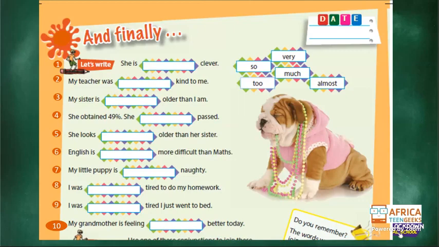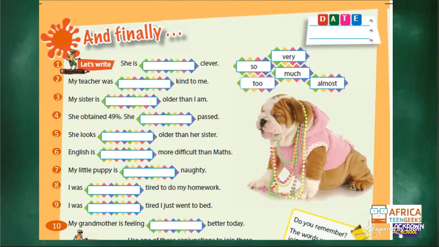Number 5, She looks very older than my sister. Very, not very. Try another one. She looks much. That's it, yes, good. Number 6, English is much more difficult than math.